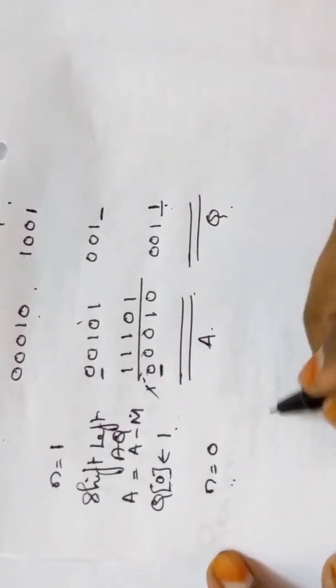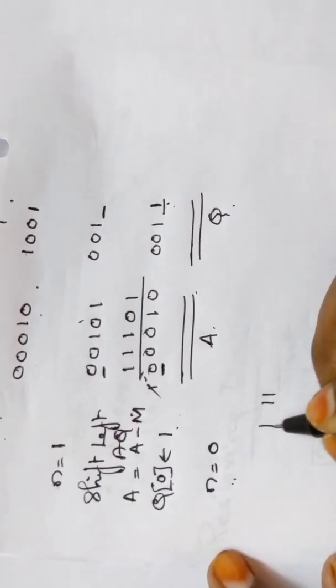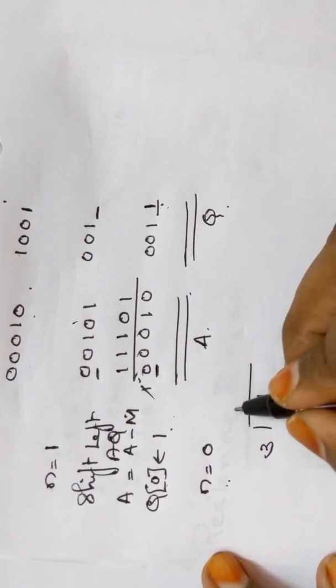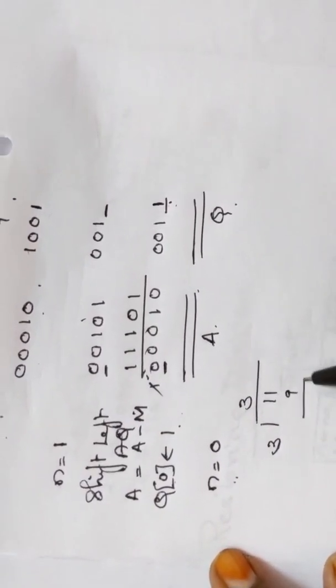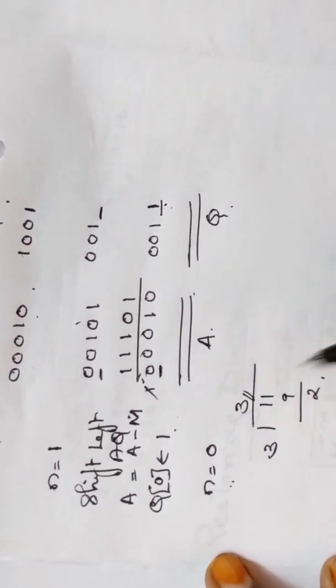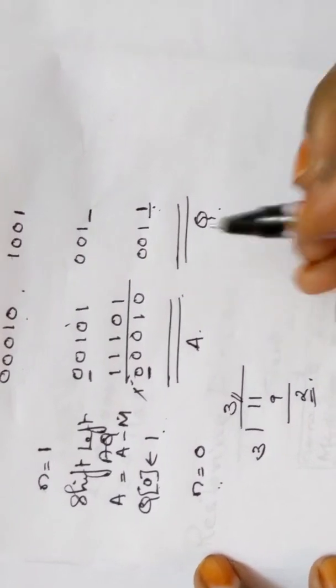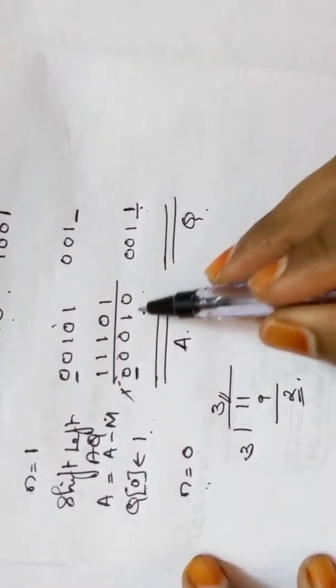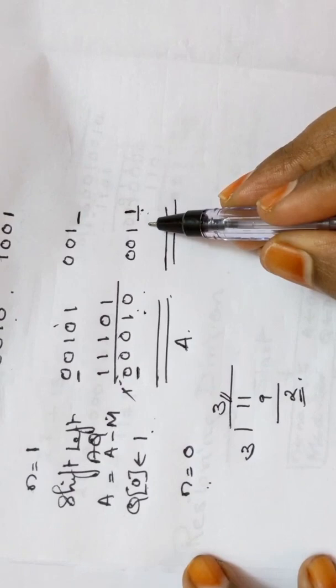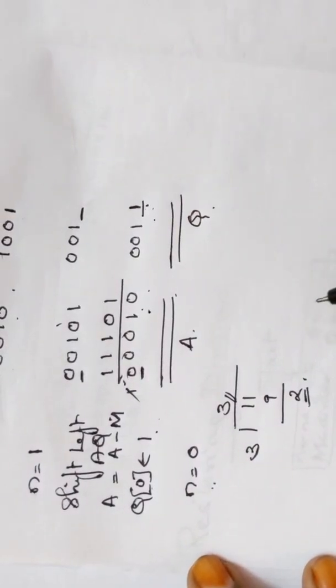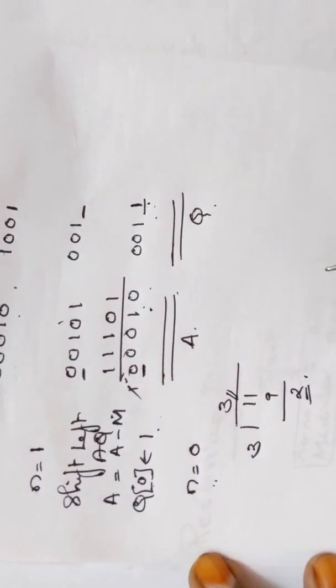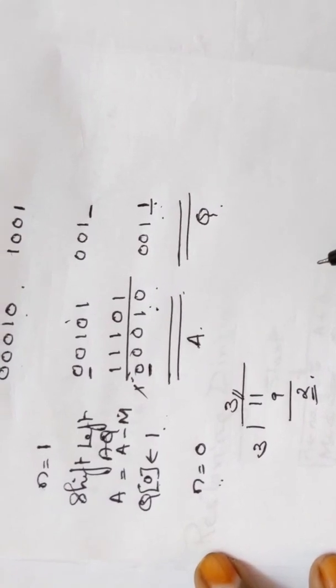So while we are dividing 11 by 3, what is the result obtained? 3 3s are 9. So quotient is 3, remainder is 2. So here also you got the remainder as 2 and quotient as 3. So this is how restoring division is performed for the positive numbers.